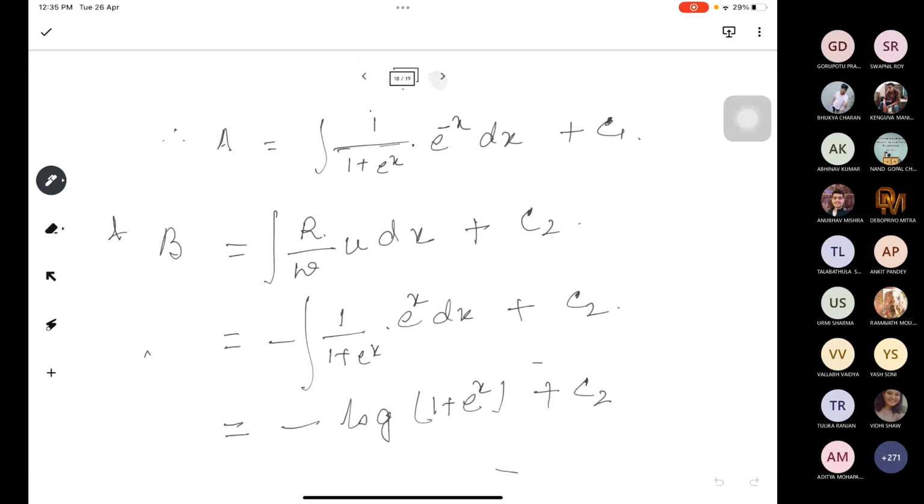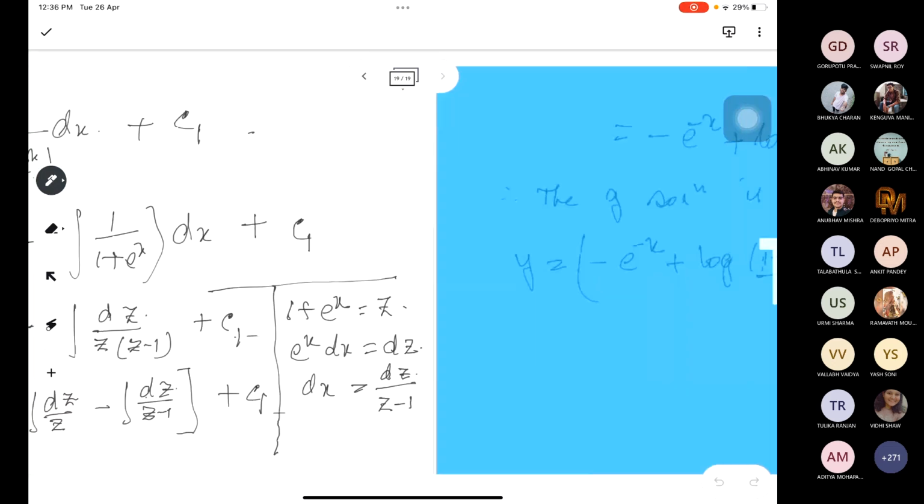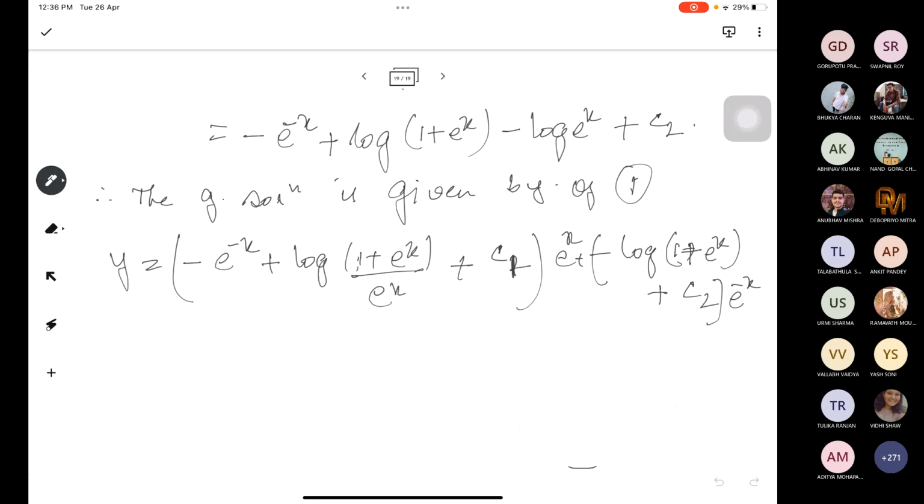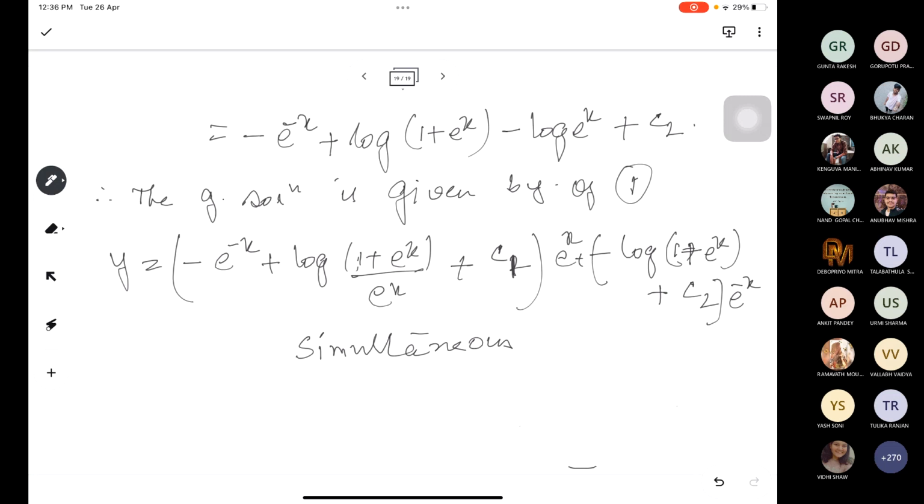Okay. Now next we will discuss, ma'am, what if W is equal to 0? Then the solutions are not linearly independent and the method is not applicable.